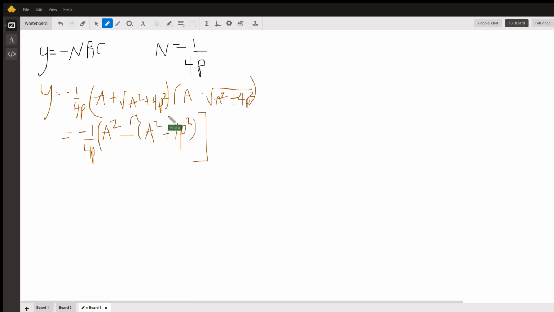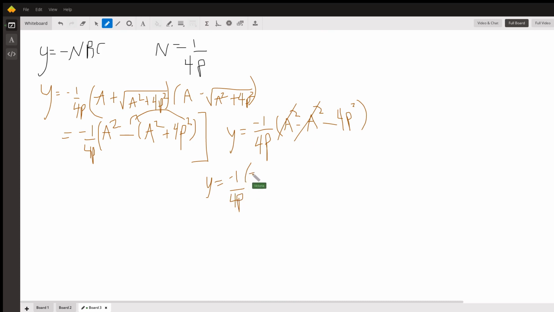So distribute the minus sign and get that y is negative 1 over 4p, and then this is a squared minus a squared minus 4p squared. So these cancel, and you end up with y is minus 1 over 4p, but then it's multiplied by minus 4p squared.